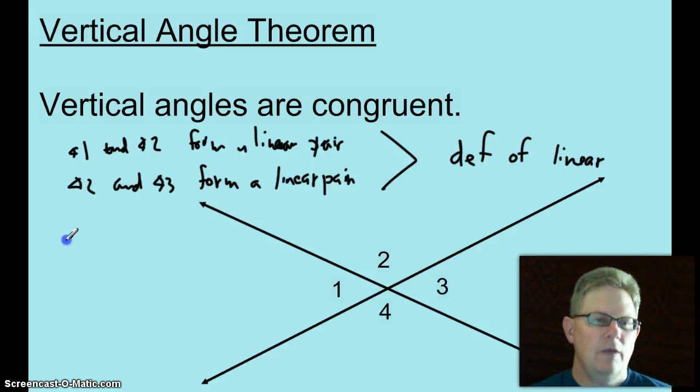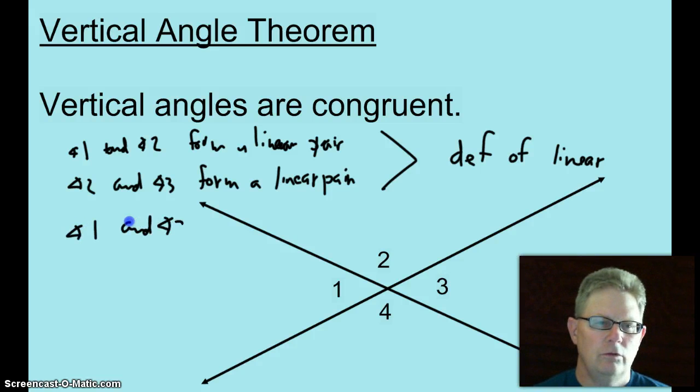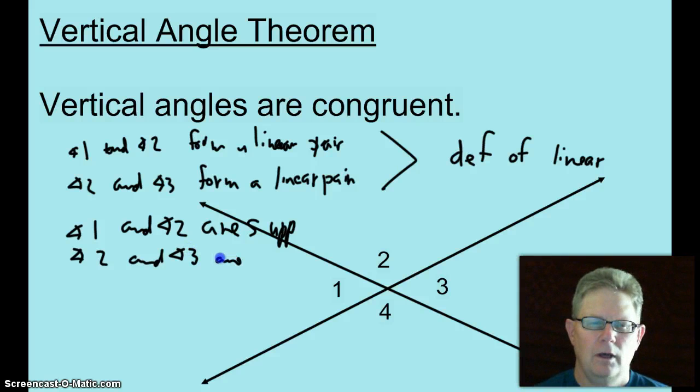Then we can say angle 1 and angle 2 are supplementary. And we can say angle 2 and angle 3 are, yes, supplementary. What allows us to say that if we know they're a linear pair that they're supplementary?